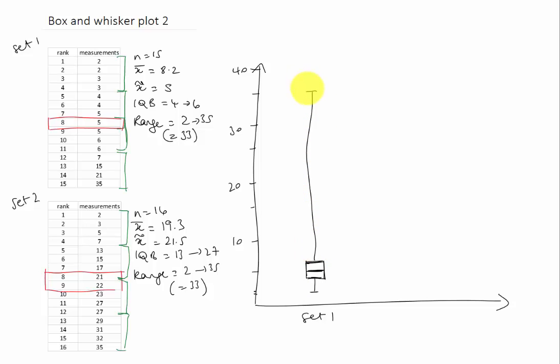Excuse my wonky line, but you get the idea. So we've got a very large distribution of values above the mean, but everything's quite close together below the mean. Okay, and now let's do the same thing for set 2. So here, our median, let's put that on first, is 21.5.